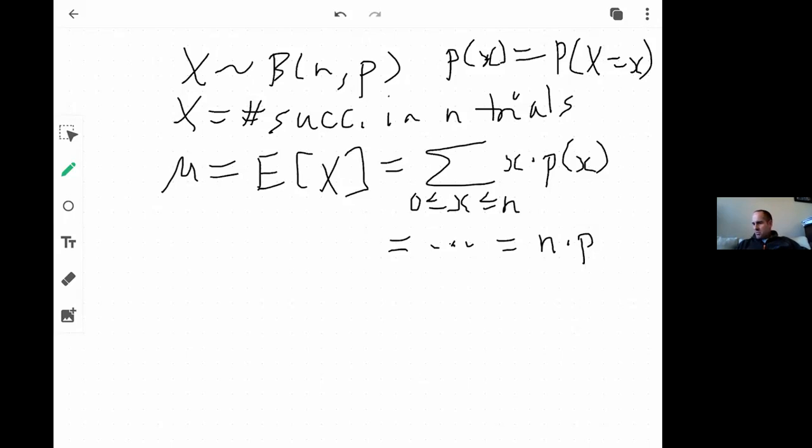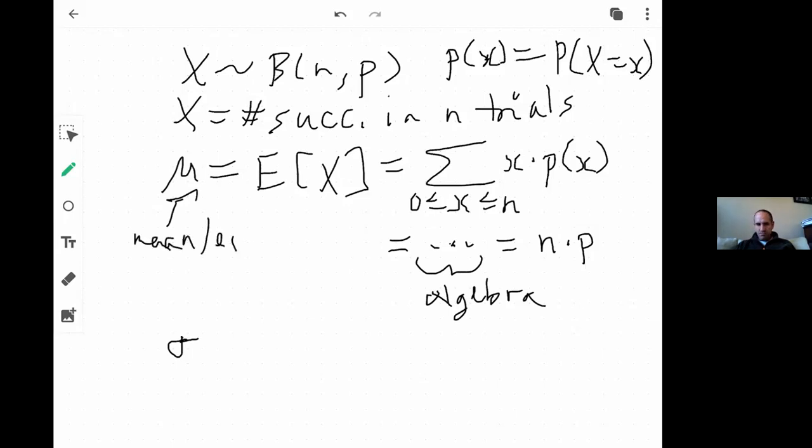I'm not going to go into the details here, but there's a bunch of algebra that's almost exactly like what we did in the case of the 10 coin flip problem. But then there was this mysterious thing, sigma. This is the Greek letter sigma, which is the standard deviation. So this right here is called the mean or the expected value.